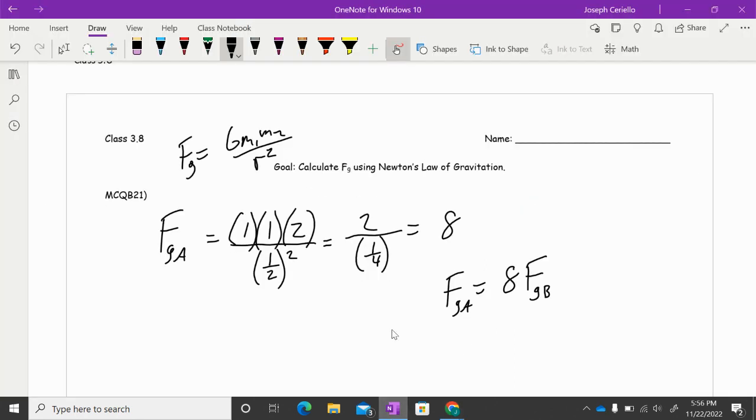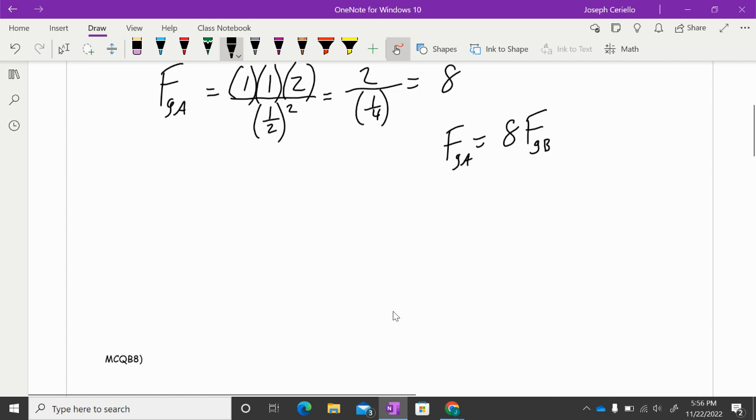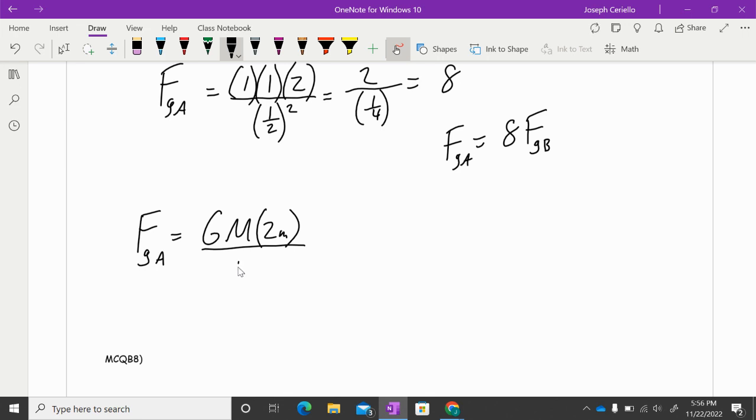Another way to do it, because we didn't quite need the factor of change, you could have just done FGA and actually put the values in. G, M, 2M, that's the mass of A, and R squared, versus FGB equals G, M, little m, because it's not 2m anymore.